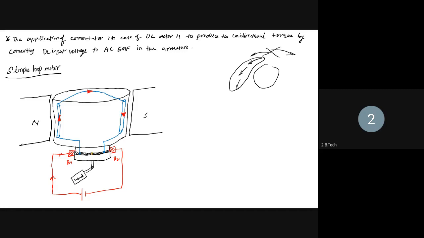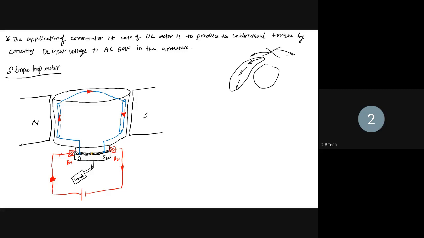It will move here, and finally reach the negative terminal. So this is the current flowing path. The current is given because it is a motor; we have to give the electrical input. This is the commutator segment S1 and this is the commutator segment S2.